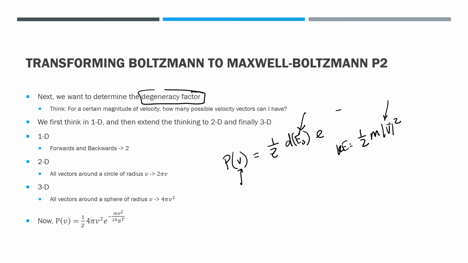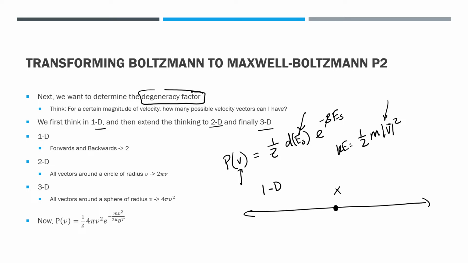So let's see, say we have a certain velocity. Let's look at 1D, and then we'll extend that to 2D and 3D. So first we'll look at one dimension. In one dimension, we just have an x direction.